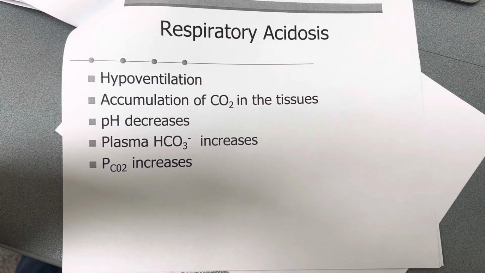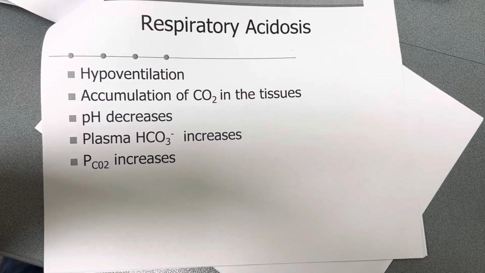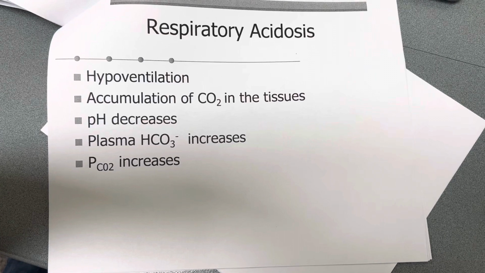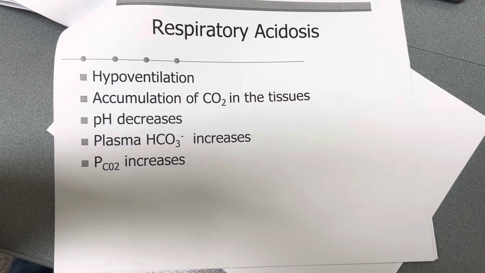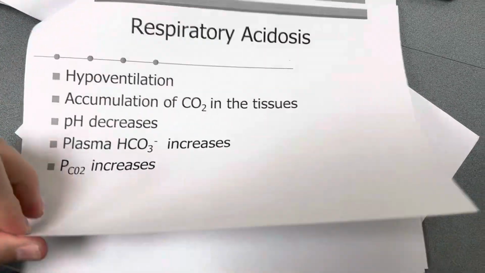Respiratory acidosis, hypoventilation, accumulation of carbon dioxide in the tissues. pH decreases, plasma HCO3 increases, PCO2 increases.